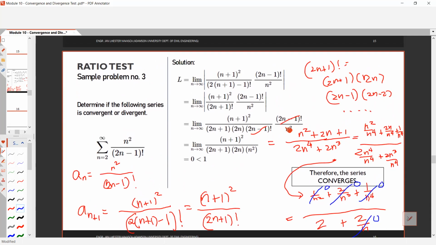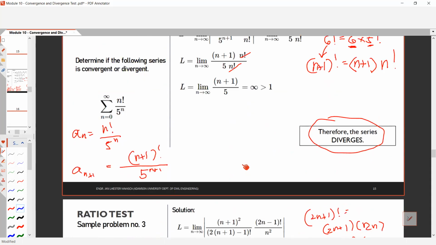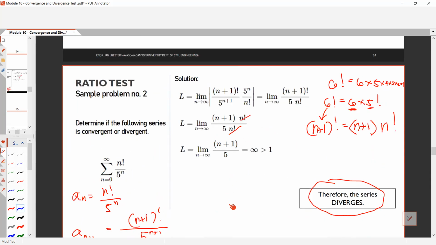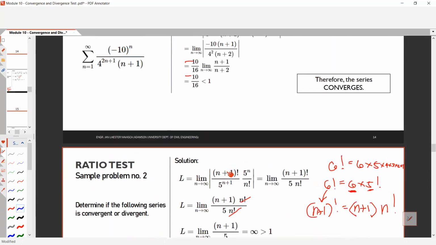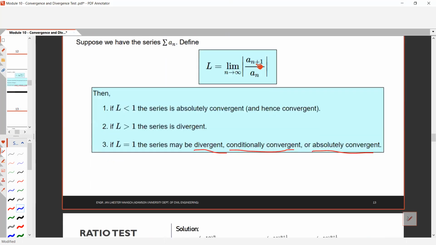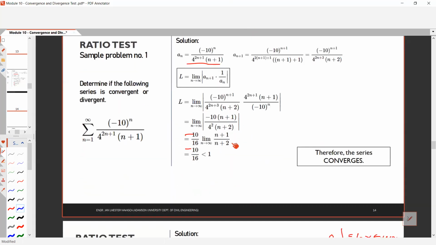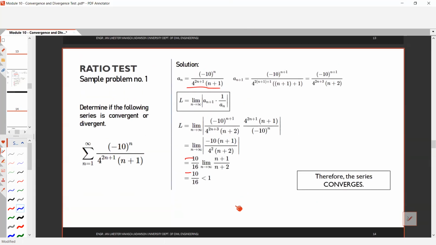Okay. Sorry. So, ayan. That is the ratio test. So, do you have questions for the ratio test? Mas madali ito, di ba? Compared dun sa taking the general term for S sub n. For this ratio test, you just need to substitute the value of a sub n and the value of your a sub n plus 1.